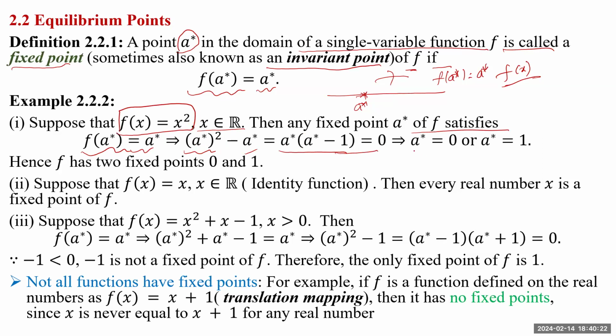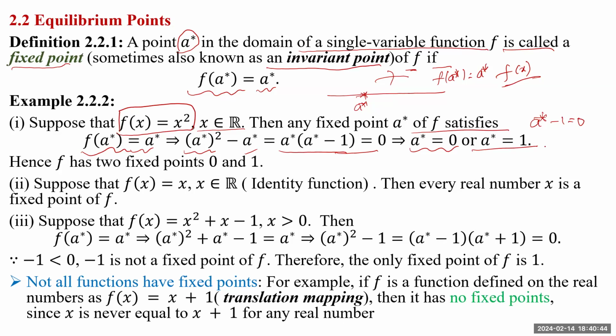The product is 0, meaning a* = 0 or a* − 1 = 0, which implies a* = 1. So f has two fixed points.